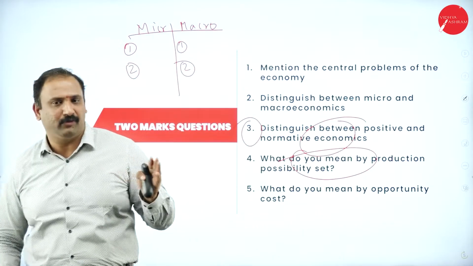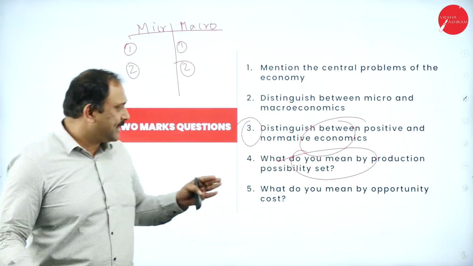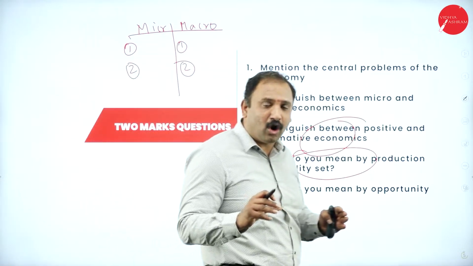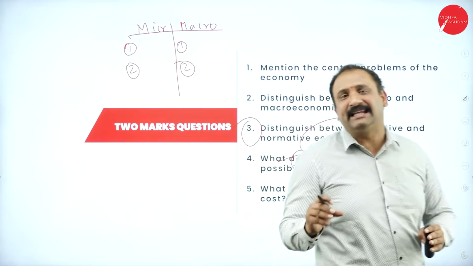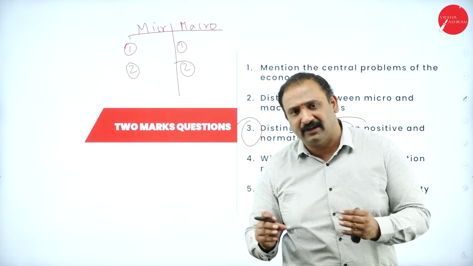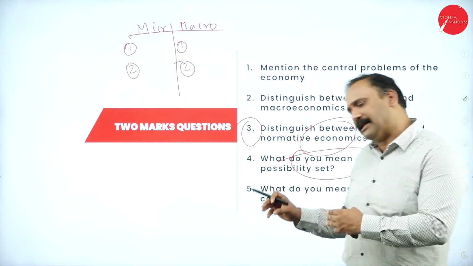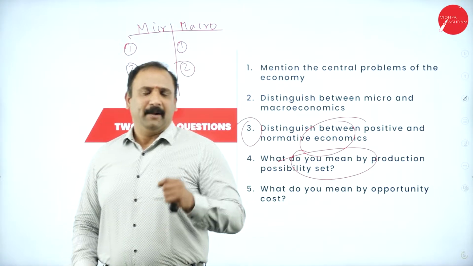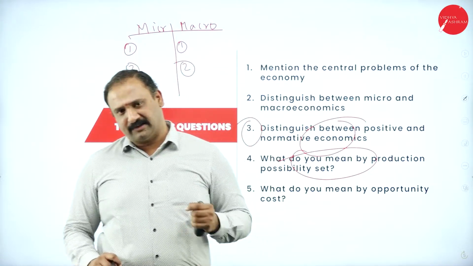Very, very important for all of us. Why? Because when I say the word possibility set, it is a combination of land, labor and capital. Whenever you analyze the factors of land, labor and capital all together, you need to see how the output is, by the combination of these factors.